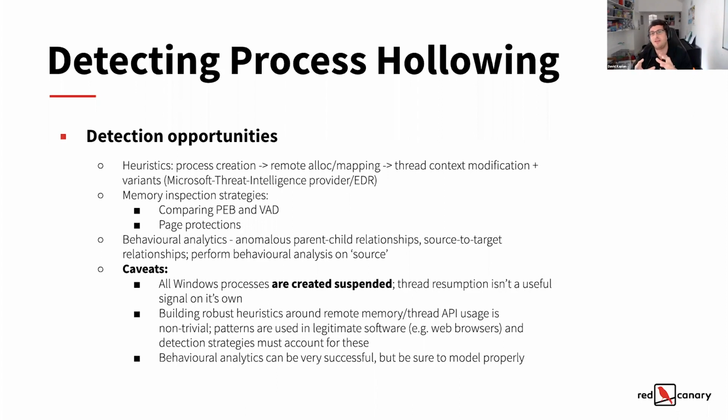If you are defending a single organization and you are well aware of the payloads running in that organization, you may have a better probability of success in building a robust heuristic detection. At scale for EDR vendors, this is a lot more challenging for us to do generically.